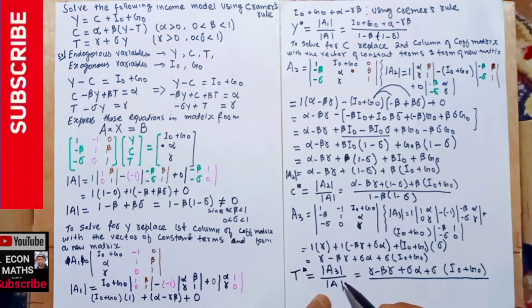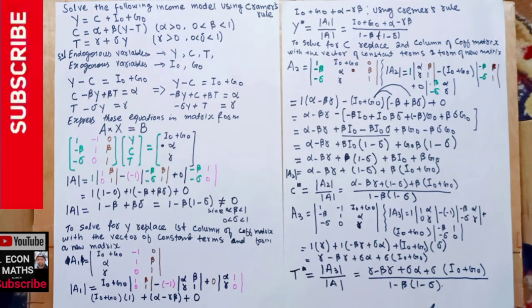Now this is the determinant of the original matrix which we have calculated somewhere, here 1 minus beta 1 minus lambda. So this is the matrix. This is the CRAMER'S rule used in solving a system of linear equations.